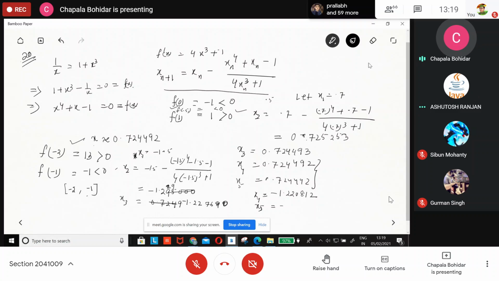What value are you getting? Minus 1.220744.